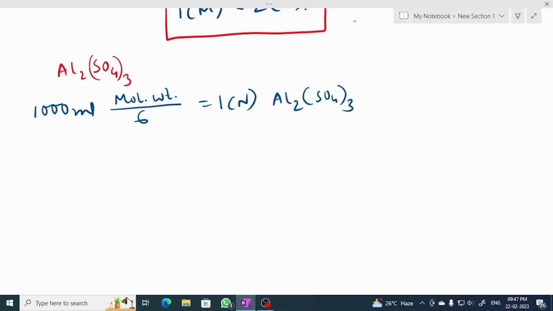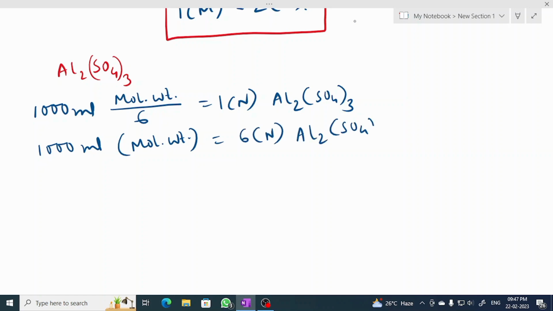We have discussed earlier that normality of a salt is calculated by molecular weight of the salt by number of cations into charge of cation. Here aluminum sulfate has number of cations 2 and charge of cation 3, so it is 6. Now 1000 ml molecular weight by 6 is equal to 1 normal aluminum sulfate. So 1000 ml molecular weight is 6 normal aluminum sulfate.